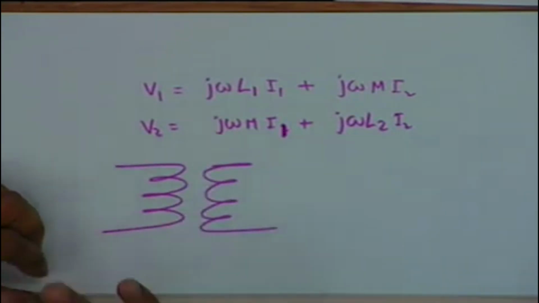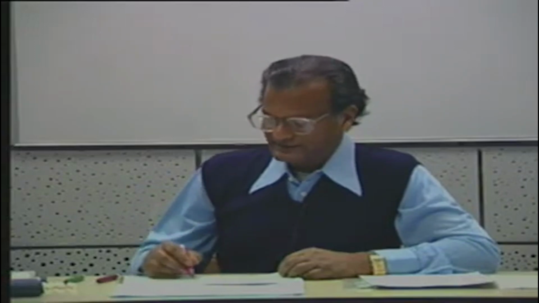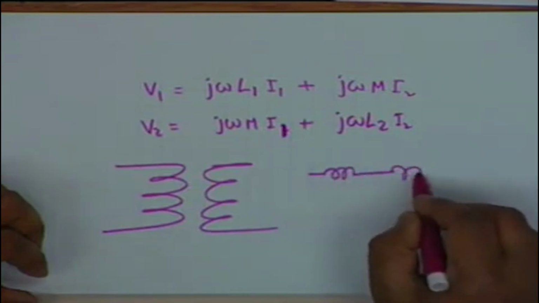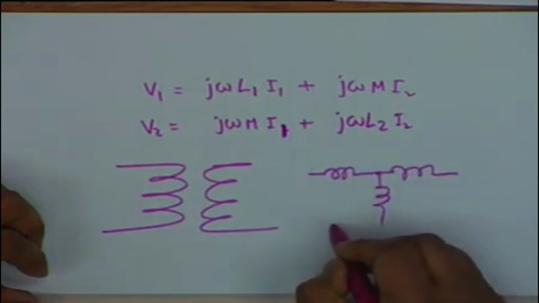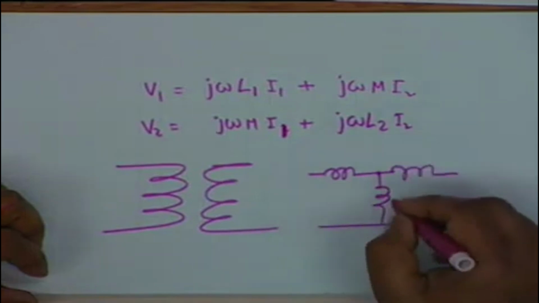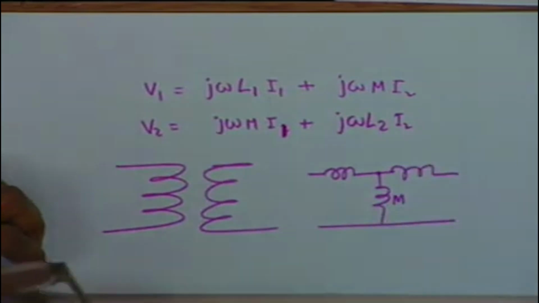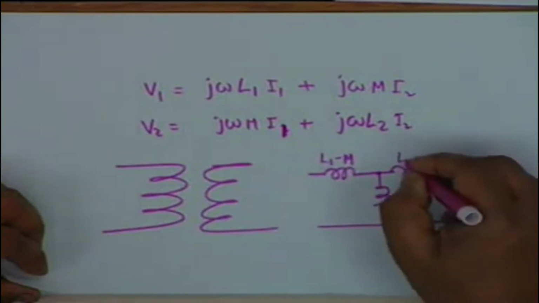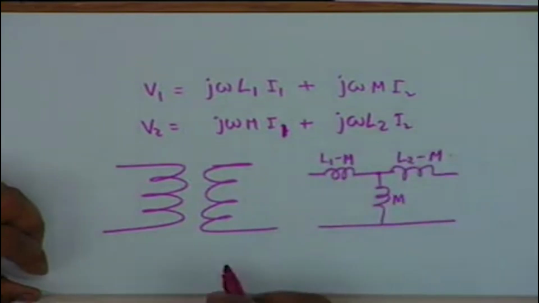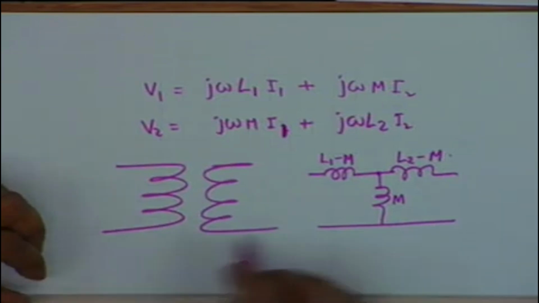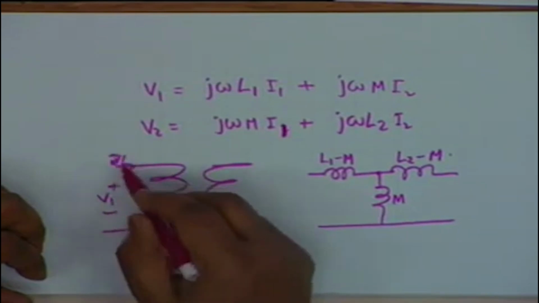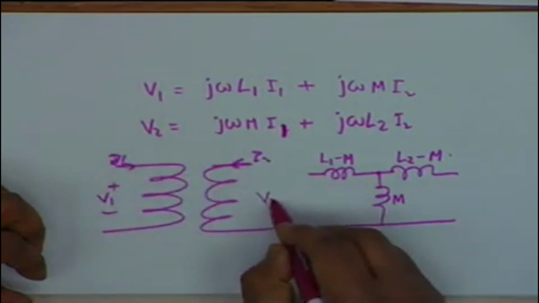And it takes very little thinking to show that this is equivalent to this circuit, which has no physical contact. The coupling is through the magnetic field. This is equivalent to simply a T network like this, where this inductance is M, this inductance is L1 minus M, and this inductance is L2 minus M. This is V1, I1, I2, V2.